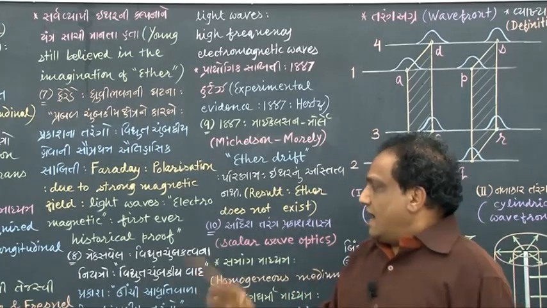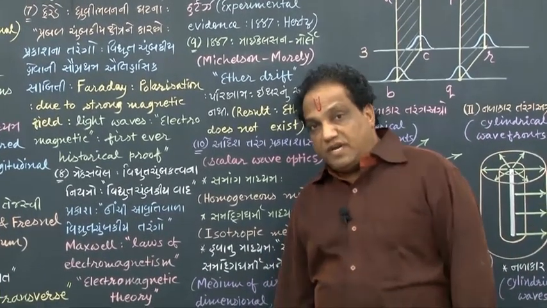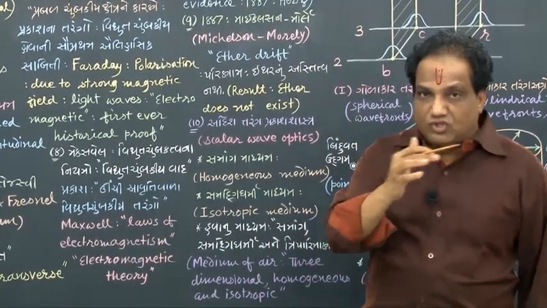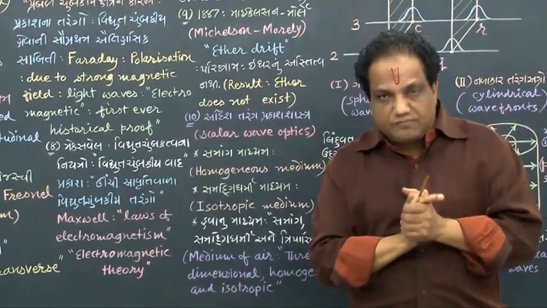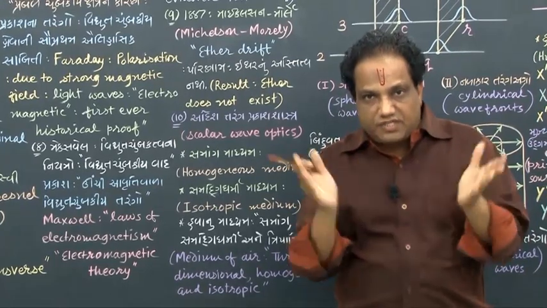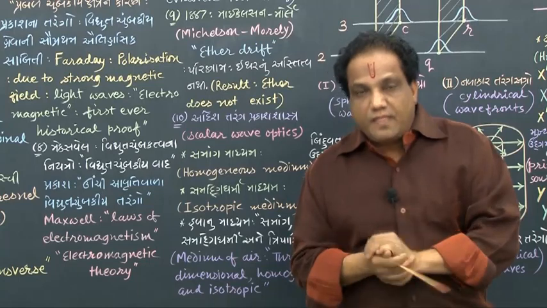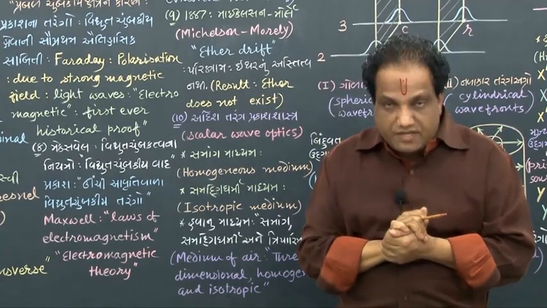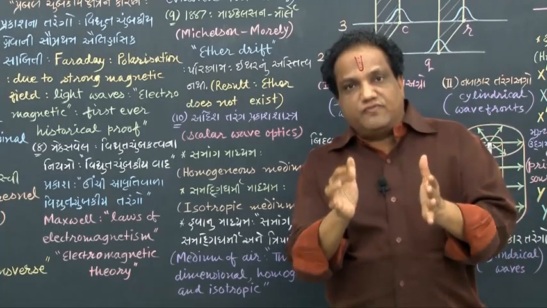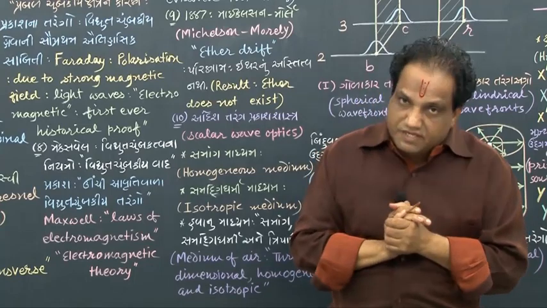Fine. And then Mr. Maxwell made a study of the laws of electromagnetism. He had compiled all these laws and described this study in the form of 4 Maxwell differential equations, and that theory was known as Maxwell's electromagnetic theory, in which light waves were assumed to be electromagnetic waves of very high frequency.